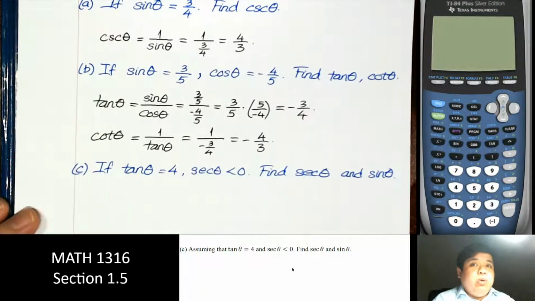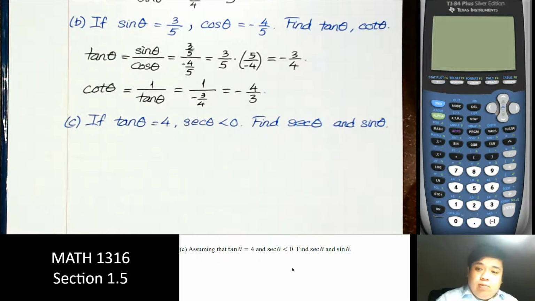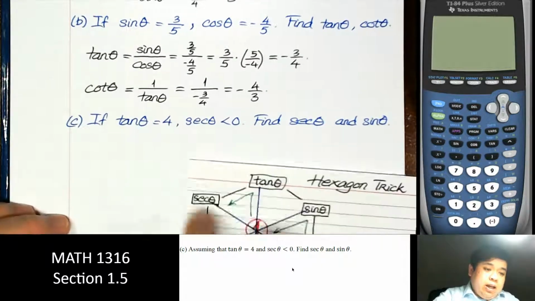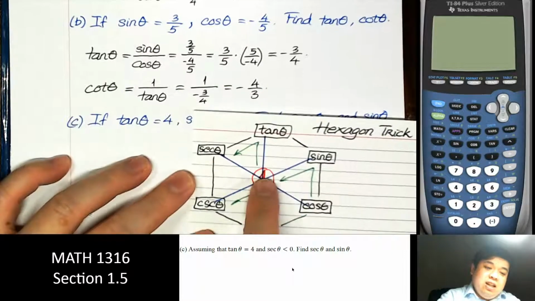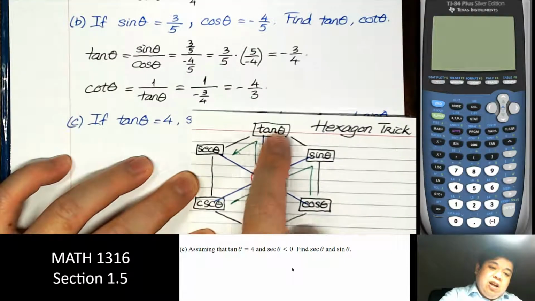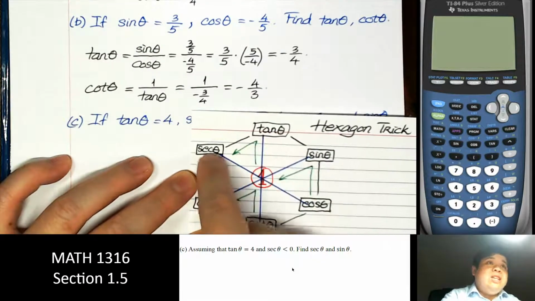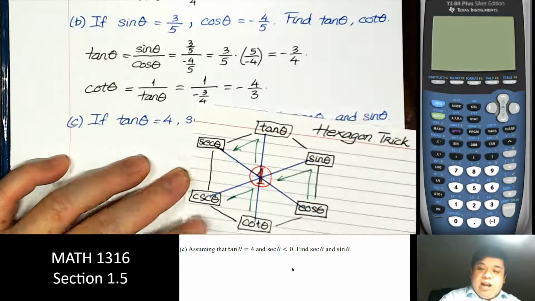So there are two ways to do it. First, I use tangent and secant. The only relation of tangent and secant is this. So we have 1 squared plus tangent squared equals secant squared, the Pythagorean identity.